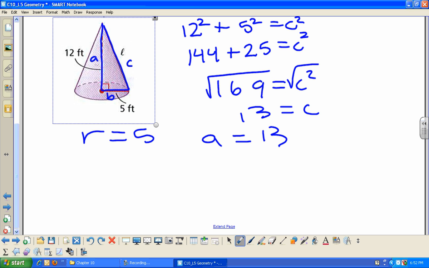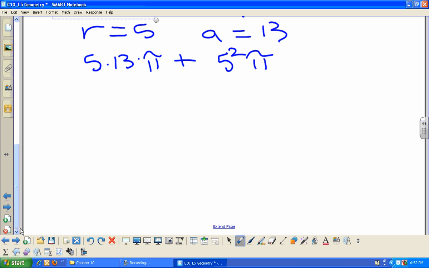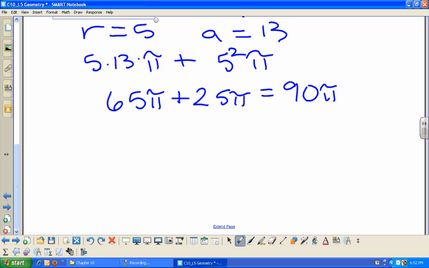So first I have to find my lateral area, which is 5 times 13 times pi, and add that to my base area, which my radius is 5, so it would be 5 squared times pi. 5 times 13, 65 pi, plus 25 pi is equal to 90 pi, and my units are feet squared. If you were to multiply that out, that would be 282.6 feet squared.